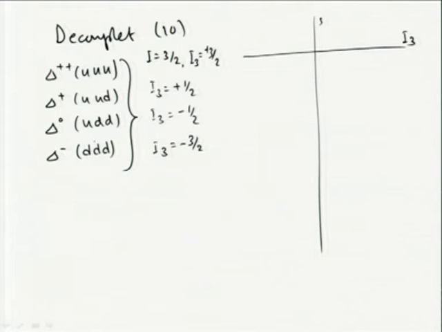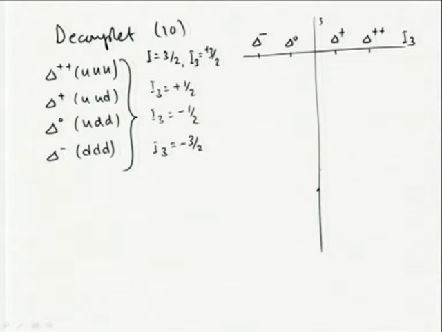All of them are strangeness 0 particles. So, we can put them on the S equal to 0 line as follows: delta plus plus with I3 3 by 2, delta plus I3 half, delta 0 I3 minus half, and delta minus I3 minus 3 by 2.